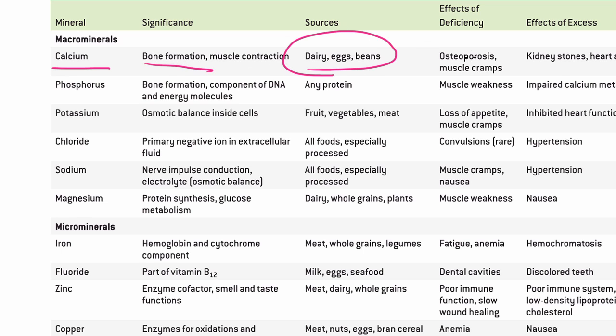We know we can find it in dairy and eggs. And if you're deficient, we know that osteoporosis could definitely set in. And then if there's excess calcium, then we can have kidney stones and heart arrhythmias. So this is a nice little table if you want to educate yourself on some of these minerals.